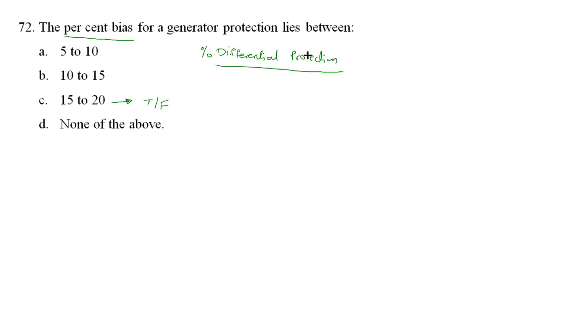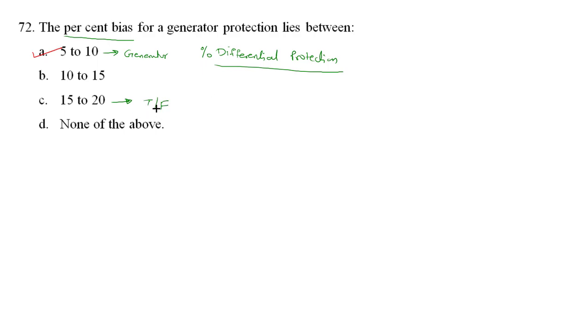But in case of generator, as there is no changing of the voltage level, we have 11 kV or 15 kV generator, so therefore here we can have a smaller bias. So usually we keep 5 to 10% bias in case of generator differential protection. So our correct answer it will be option A.